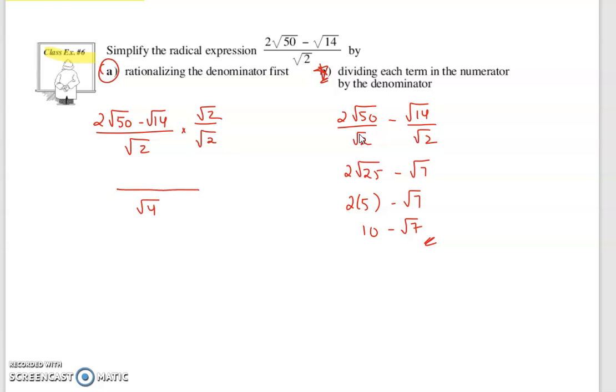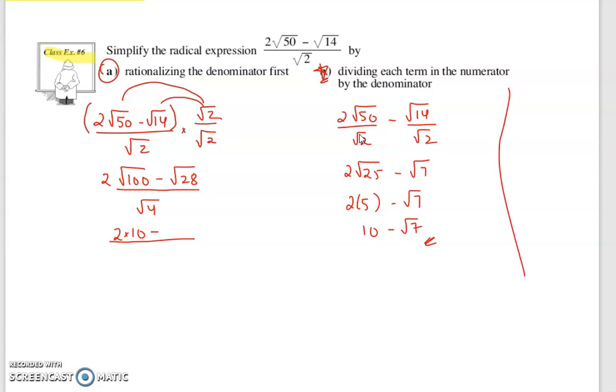But what happens here is you have a binomial being multiplied by this number. So you're going to distribute that in. So that ends up giving you 2 root 100 minus root 28. So that gives you then 2 times 10 minus, and I'm just going to take what root 28 will simplify to.